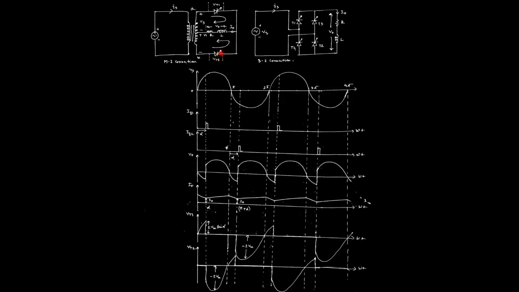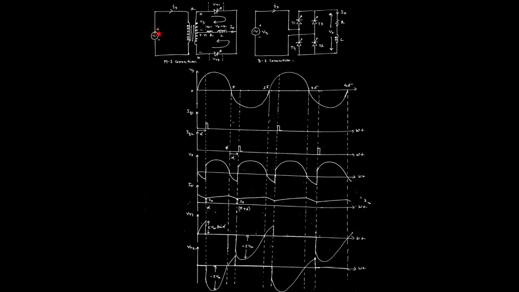That means we cannot fire this thyristor in this situation. Suppose we apply the gate pulse to the first thyristor, then the thyristor will be turned on. Once the SCR becomes on, the current starts flowing in this direction, which is defined by this arrow. That means current is flowing from right-hand side to left-hand side across the load for the positive half of the supply voltage.